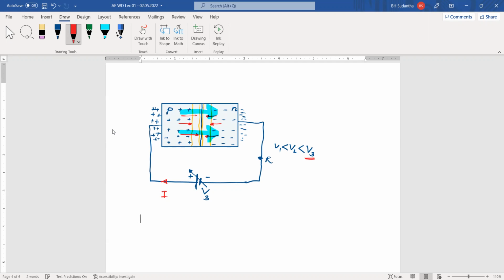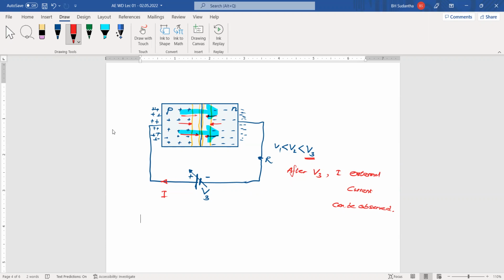As a result, what will happen after coming to this V3? After V3, an external current can be observed. Okay, but at V1, when you have the voltage V1, can we see the current?